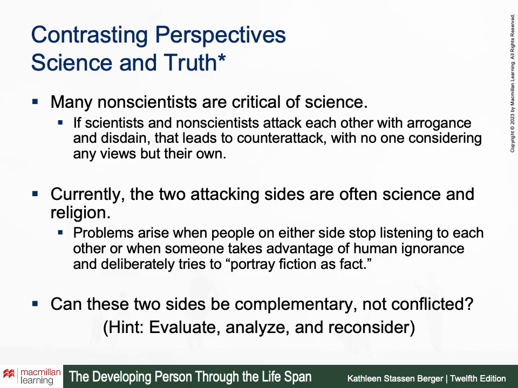It's just to figure out the answer to a question. And so really something for you all to think about. Can science and religion, non-scientists and science, is there a way that people can use these things to be more complementary and not so conflicted?